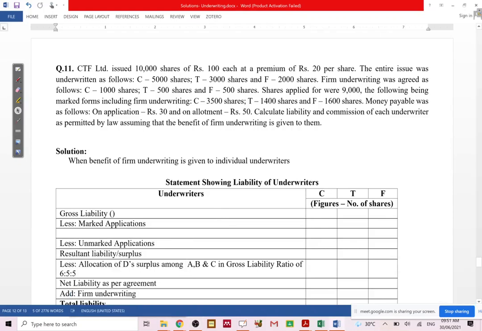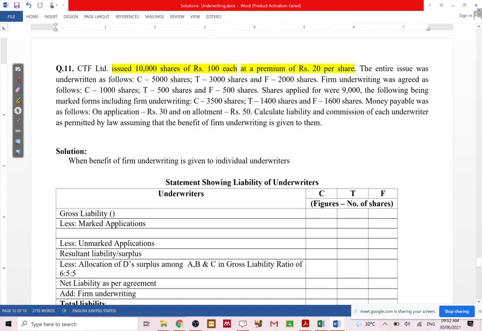In problem 11, we have this company CTF Limited, which is issuing 10,000 shares of rupees 100 each. Understand that this 100 is the face value, and it is issuing at a premium of rupees 20 per share.